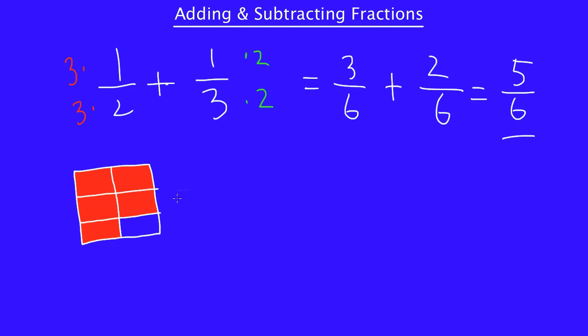And so we can see very clearly this idea. We can already see that, yes, indeed, 1/2 plus 1/3 does equal 5 over 6. We can visualize that very easily.